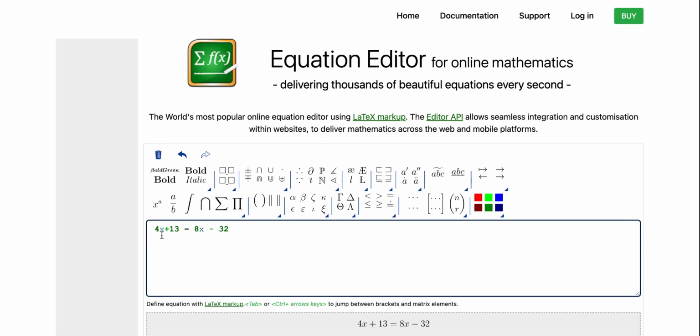I'm going to subtract 4x to the other side. So what I end up with is 13 equals 8x minus 4x is 4x. And I'm bringing down my minus 32 because I haven't done anything with that. I'm going to add 32 to the 13.